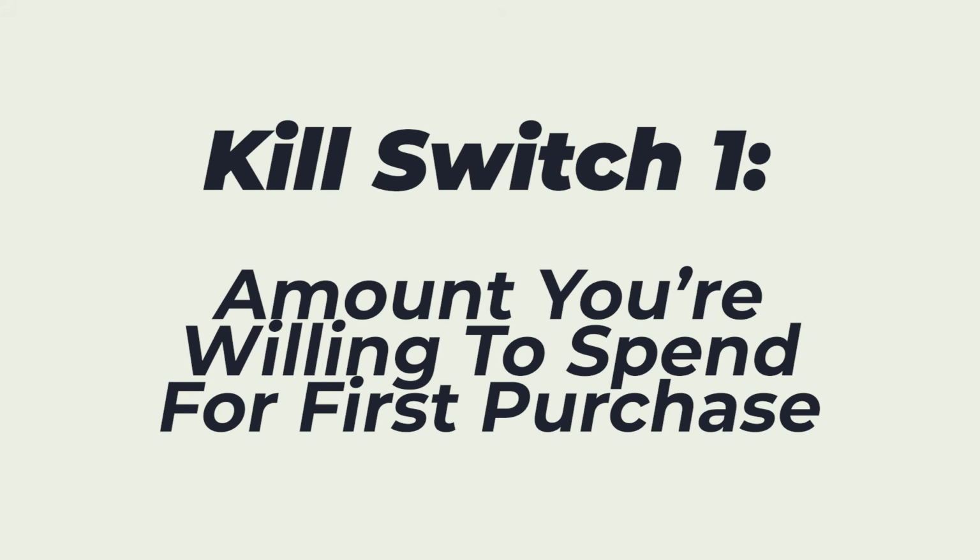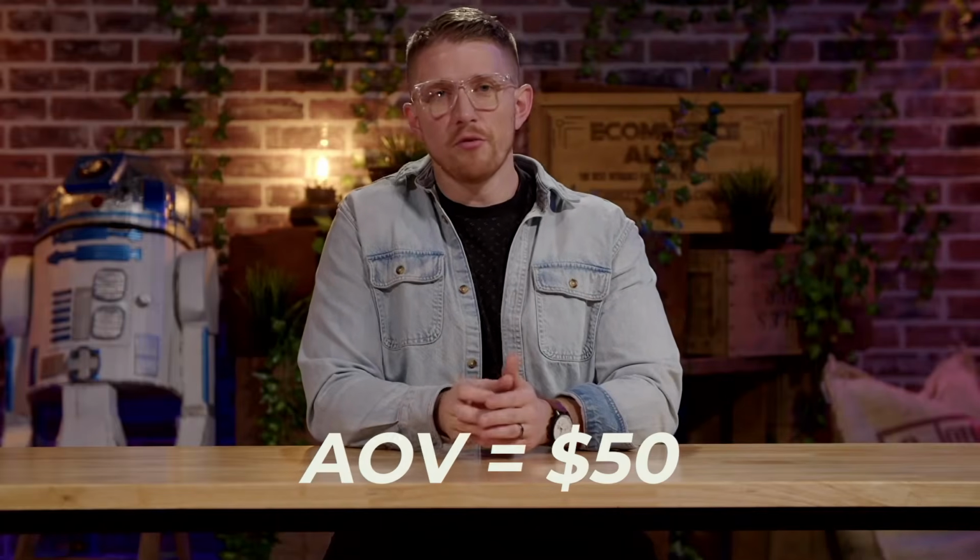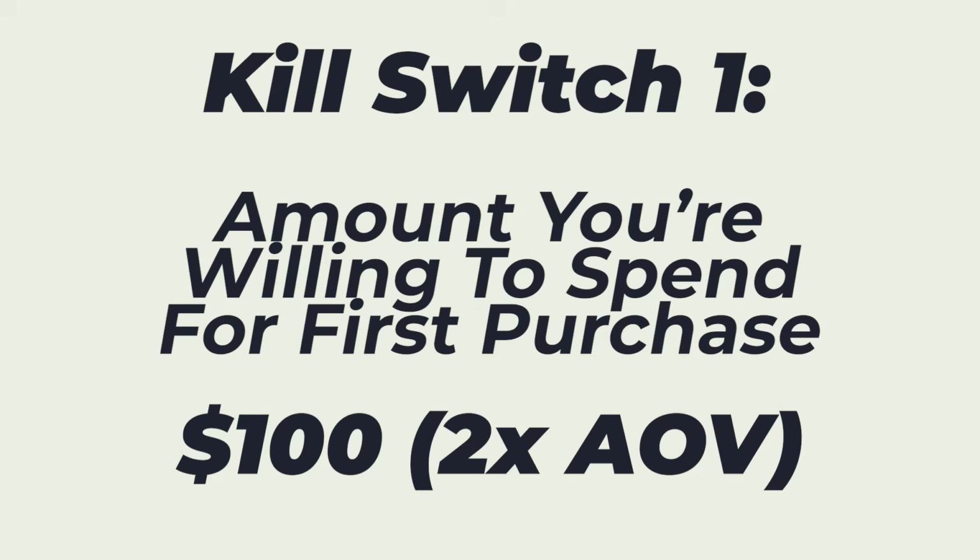That's why I recommend setting 2 kill switches on the ad level. Kill switch number 1 is the amount you're willing to spend in order to get that first purchase. Kill switch number 2 is the amount you're willing to spend to be at your target KPI. For example, let's say my average order value is $50. My level 1 kill switch might be $100 or 2 times AOV.